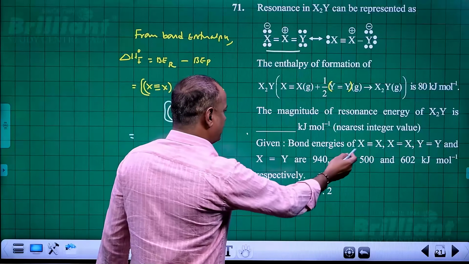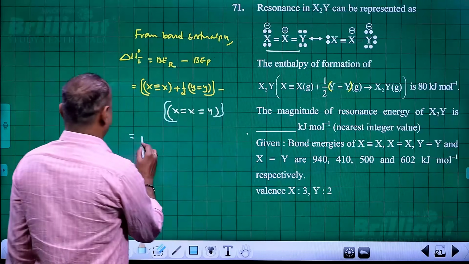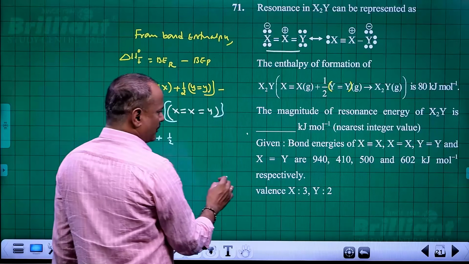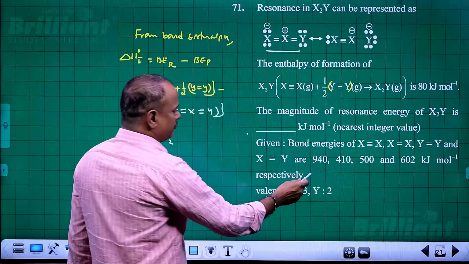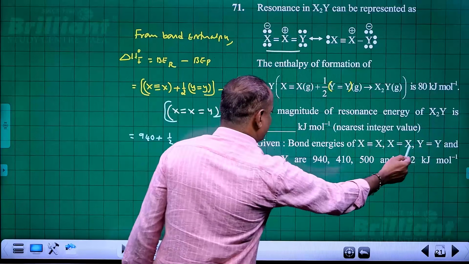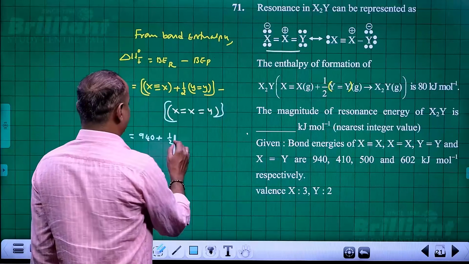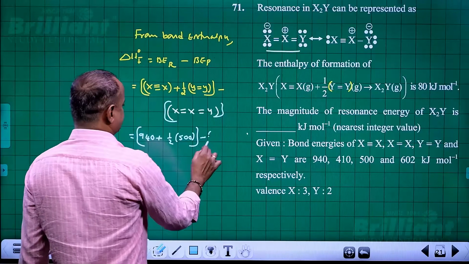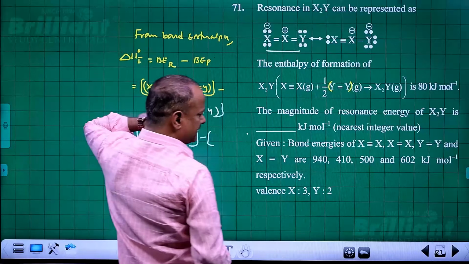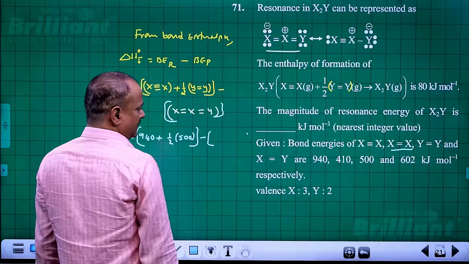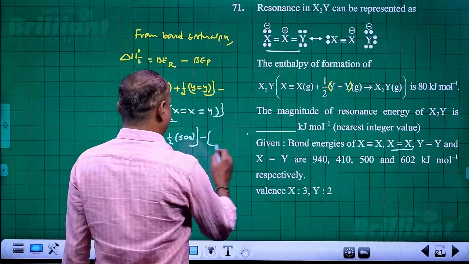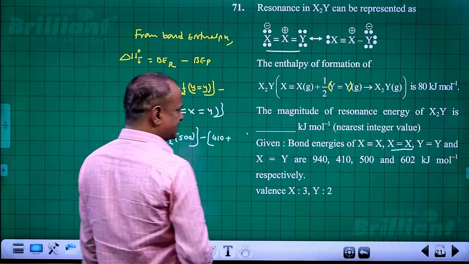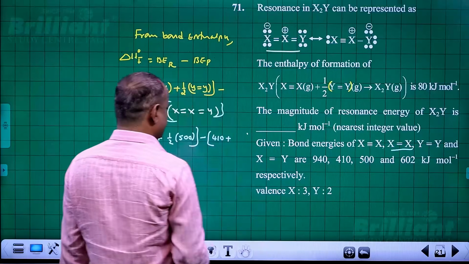Triple bond X value 940, half into double bond Y2 value, third value 500, minus double bond X, the second value 410, double bond XY 602.